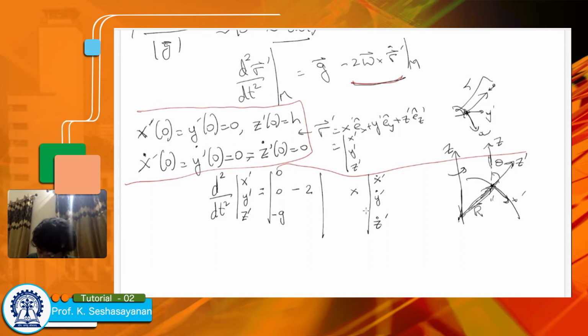We are taking x prime along the theta direction. So omega along ez is omega cos theta ez prime minus omega sin theta ex prime.